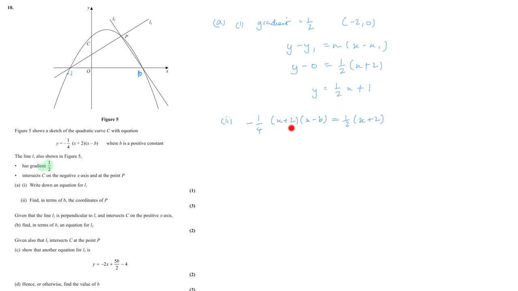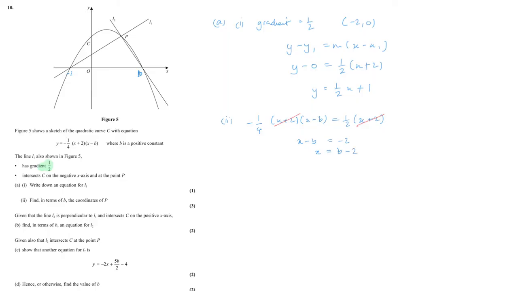Just because of that x plus 2 there will enable us to cancel. So we can cancel with the x plus 2, and then multiplying up by -4, we'll have x minus b. -4 times by a half is -2. So x equals b minus 2.